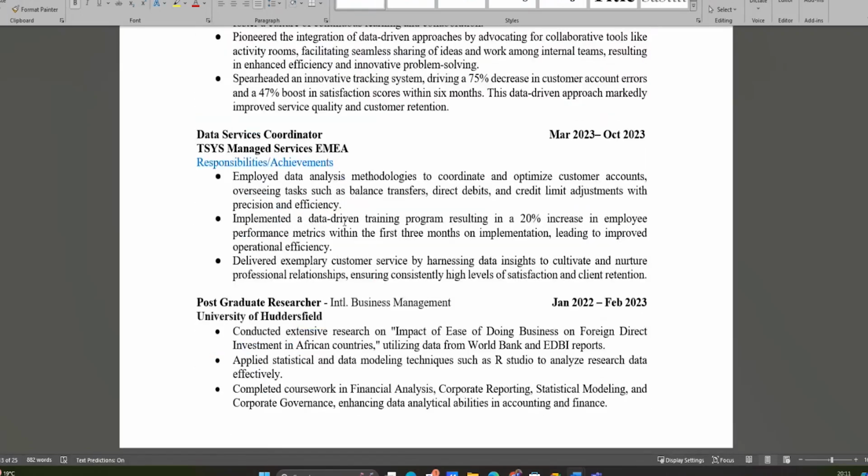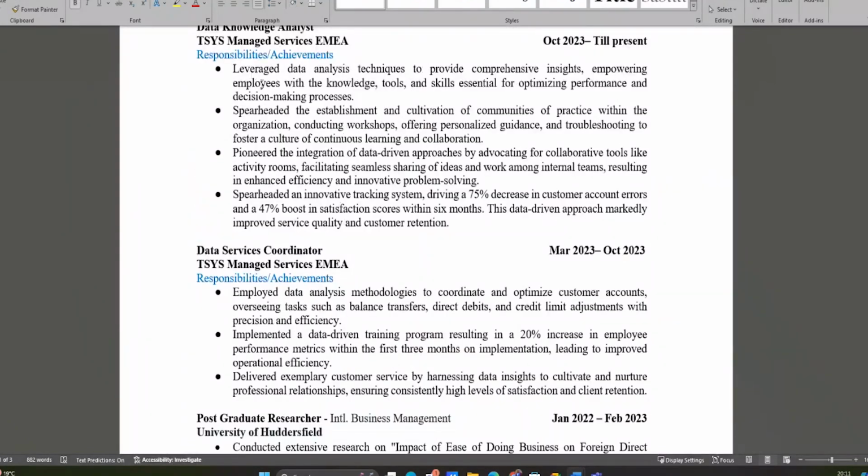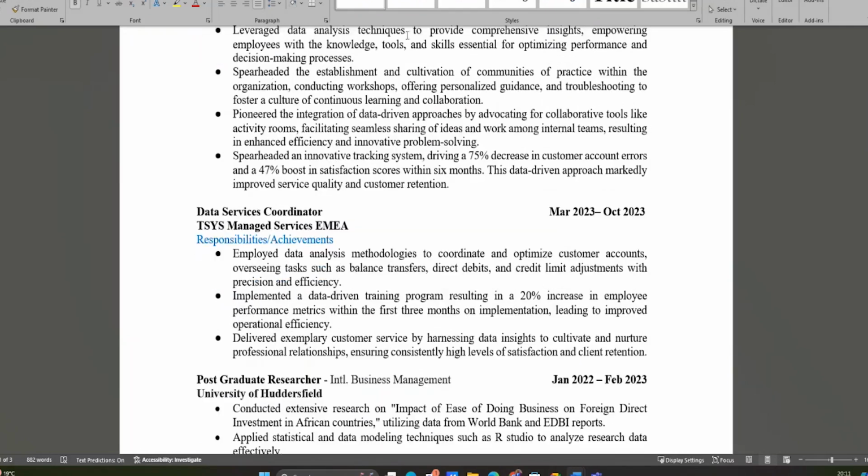Okay. So, see this. Let's look at this. Leverage data analysis techniques to provide comprehensive insights, spearheaded the establishment of an innovative tracking system, driving a 75% decrease in customer accounts. They need you to explain what led to this, right?